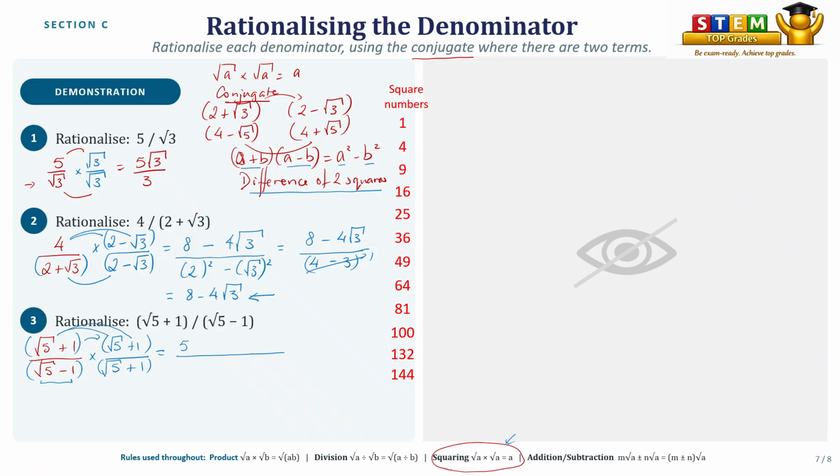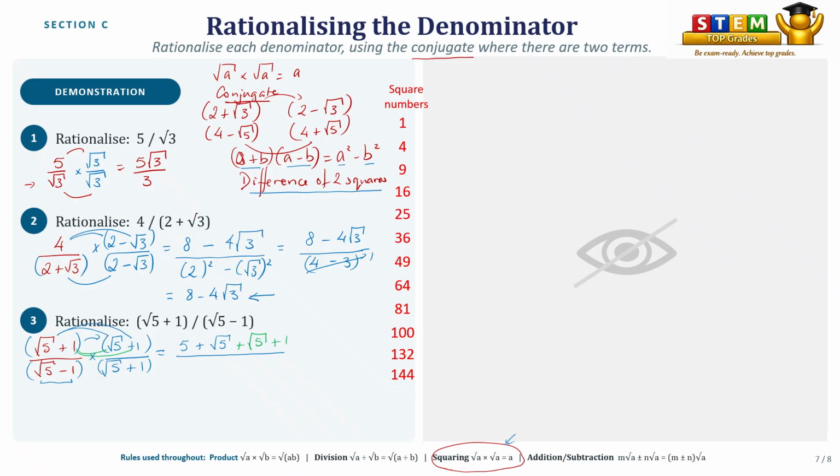Then root 5 times 1, so that's 1 root 5, or simply root 5. And now the next one, which is 1 times root 5, which therefore becomes root 5. 1 times 1 becomes 1. Okay, all terms are positive.